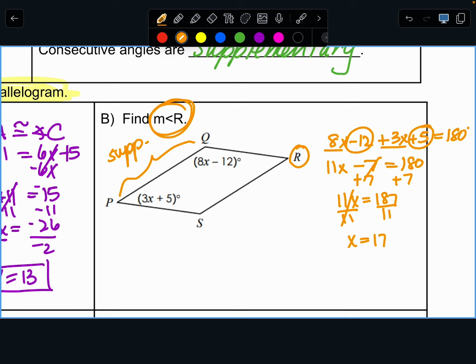So I'm going to say 3 times 17 plus 5 is 56. 56 degrees. And now I know that these two are the same, so angle R is 56 degrees.